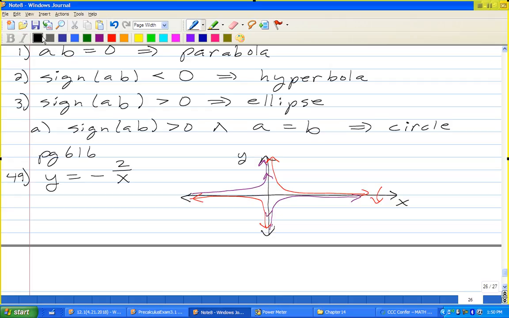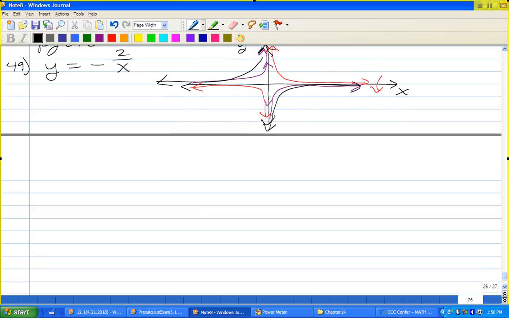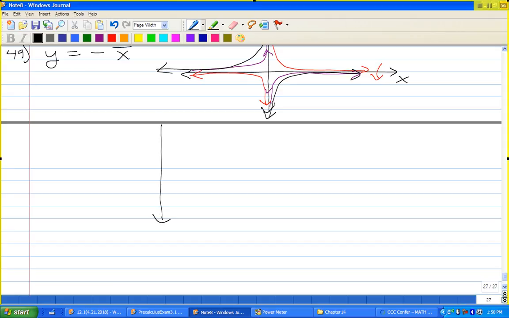And so the graph looks something like this. Let me draw it by itself, and see if I can draw it better.